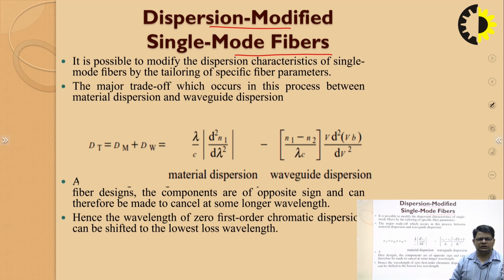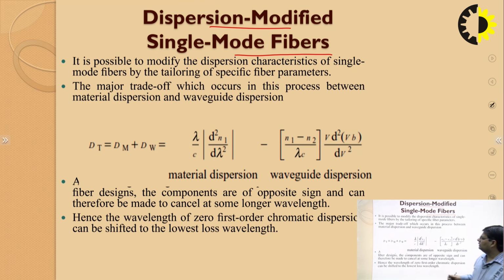This point of zero dispersion wavelength can be shifted from 1.3 to 1.5, let's say. So the dispersion characteristics of single mode fiber can be changed, and after changing the characteristics we get the modified fiber, and there are different types of this dispersion modified fiber.